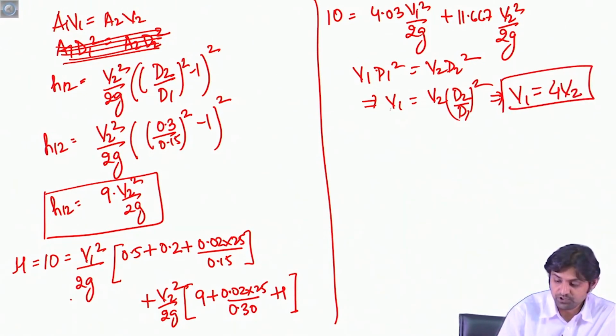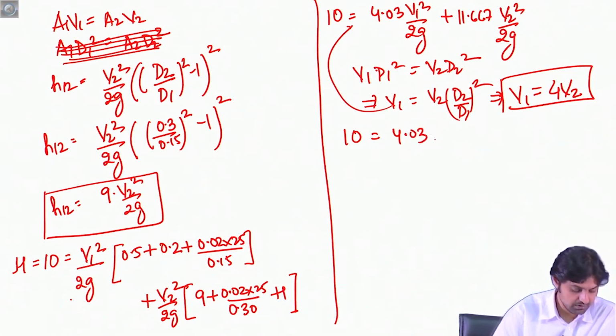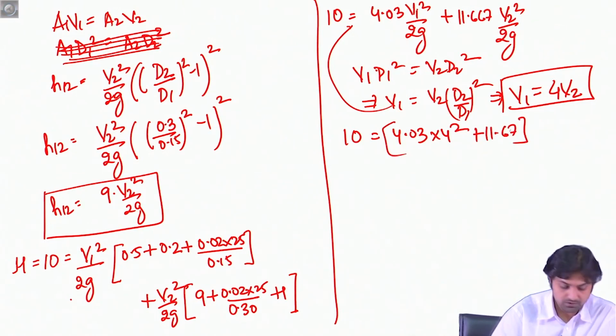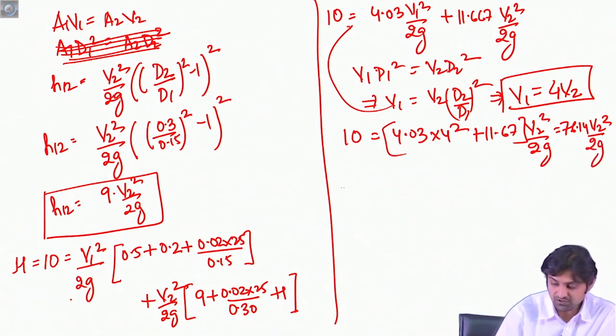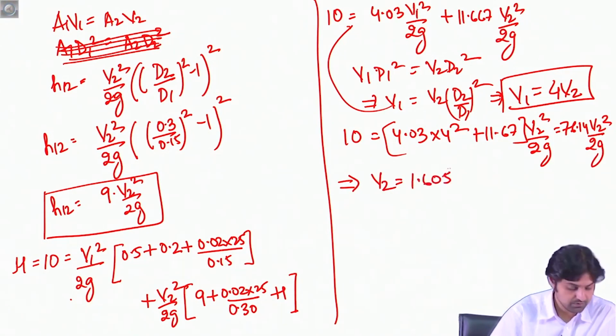Alright, so putting this here, we can get 10 is equal to 4.03 into 4 square plus 11.67 into V2 square by 2G, that is 76.14 into V2 square by 2G, and on solution this is going to give V2 as 1.605 meters per second.